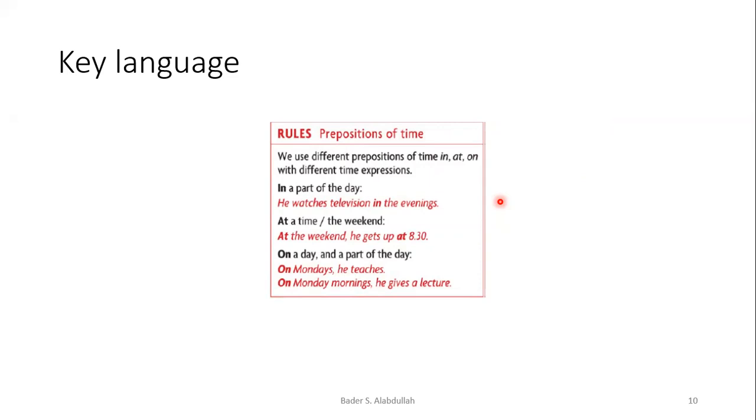We use at with a time, like at 8:30, or at the weekend. At the weekend, he gets up at 8:30. So that's where we use at.